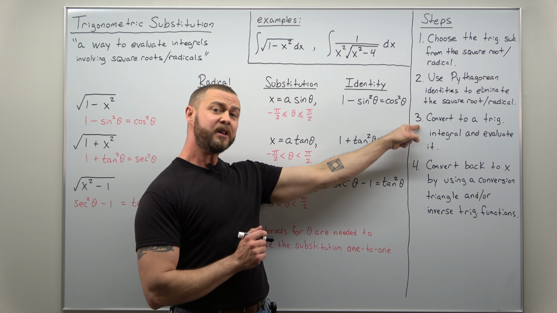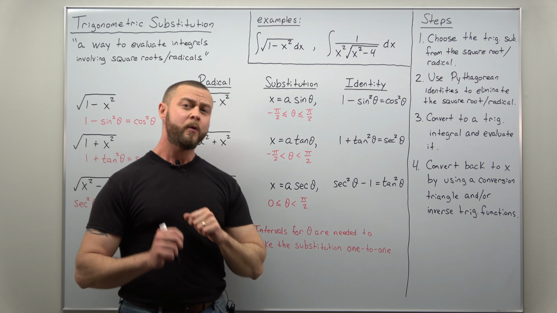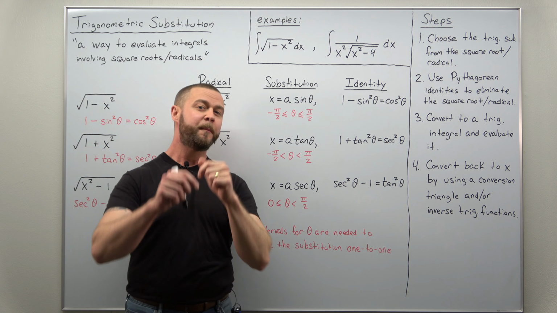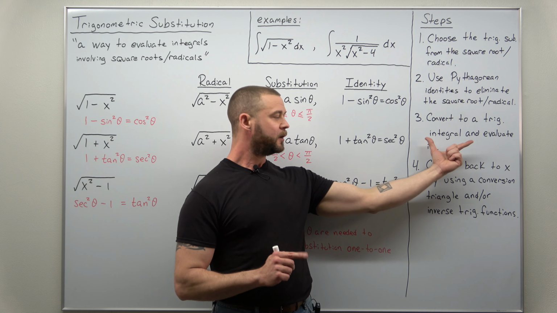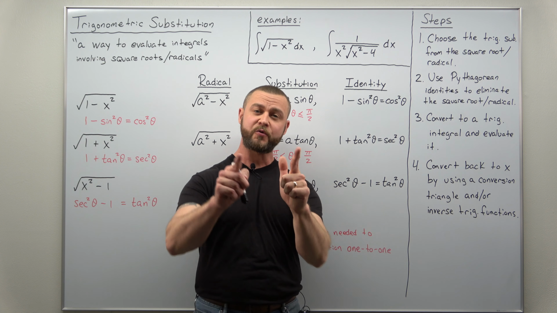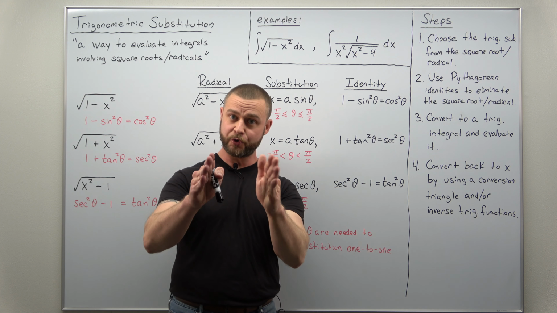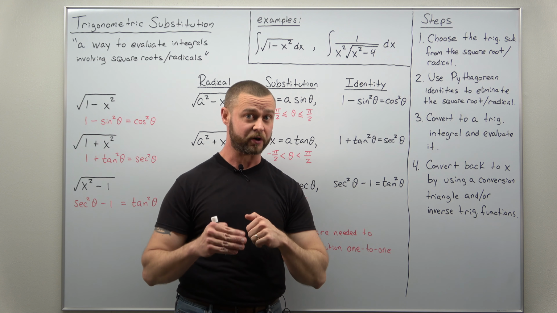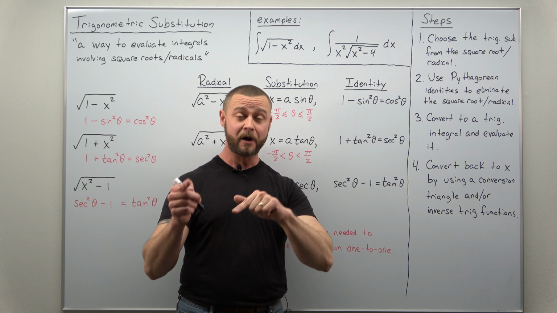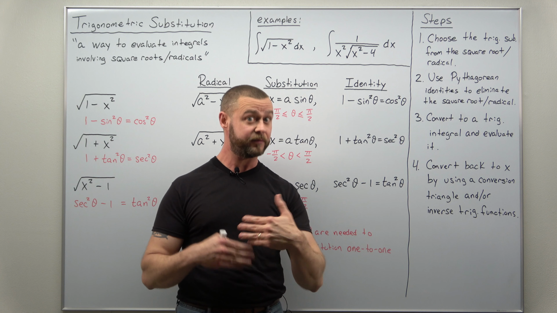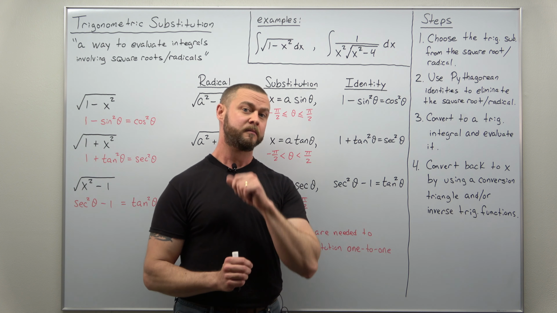And the important part to realize here in step 3: you start with integrals in terms of square roots, but they convert to trig integrals, which was likely the previous lecture topic that you covered. So make sure you're comfortable with trig integrals, powers of sines and cosines, powers of secants and tangents, and all those types of trig integrals.